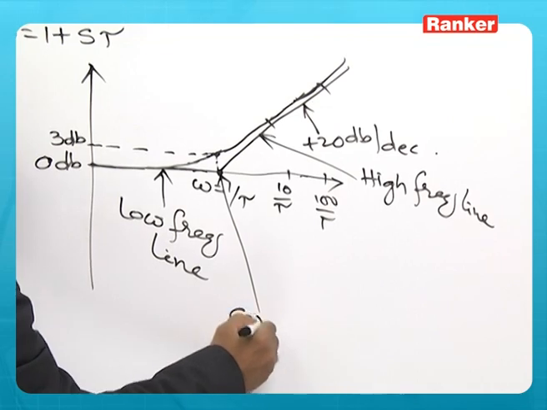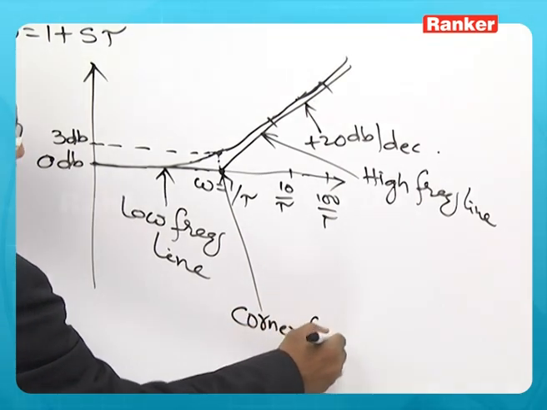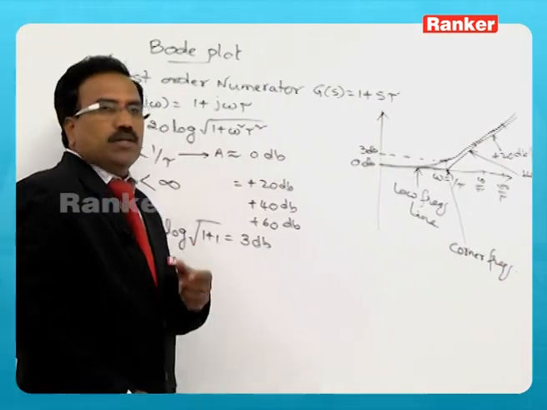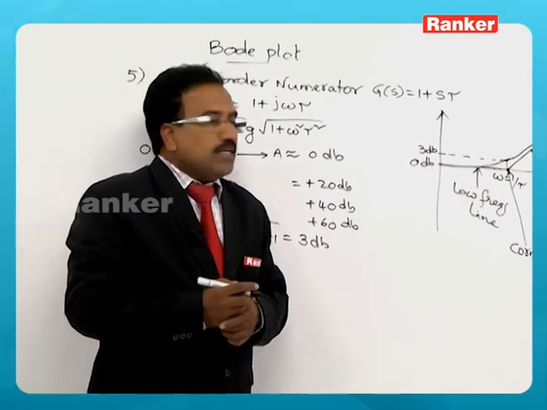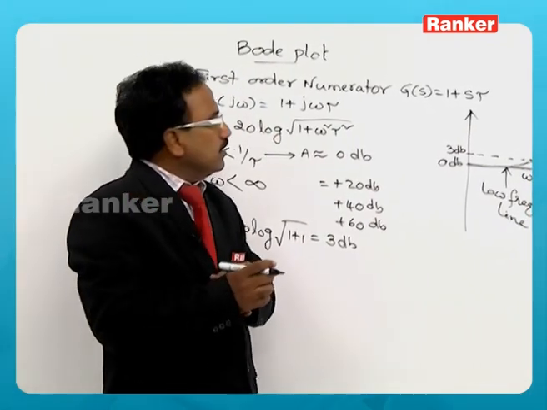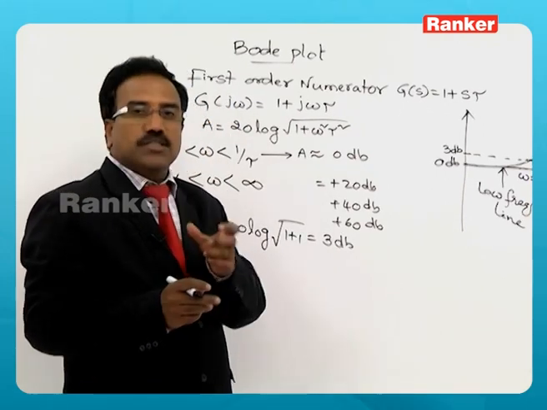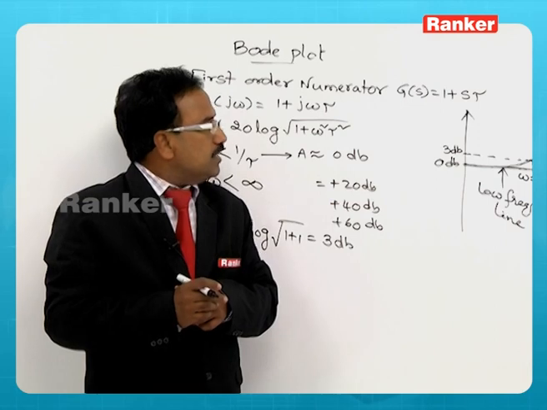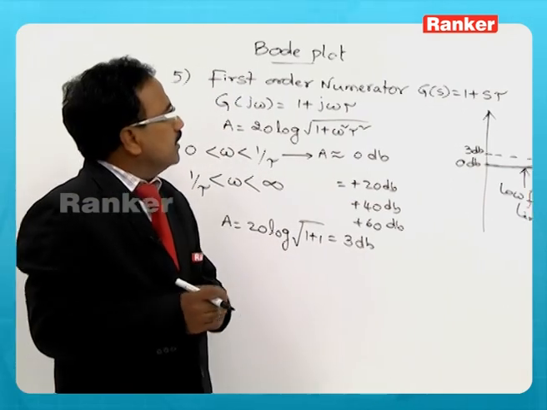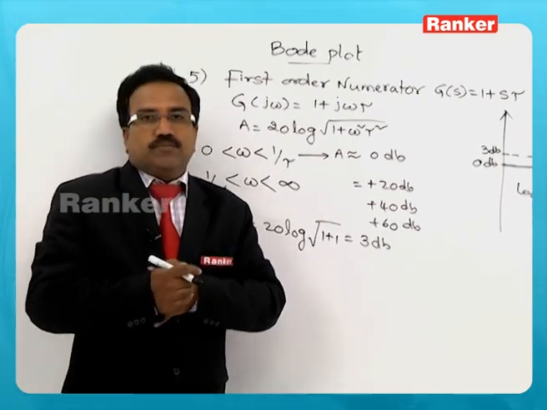This is known as the corner frequency. The significance of corner frequency is that the two asymptotes meet at the 0 dB point, but the actual value of the magnitude at corner frequency is plus 3 dB in the case of the numerator term.